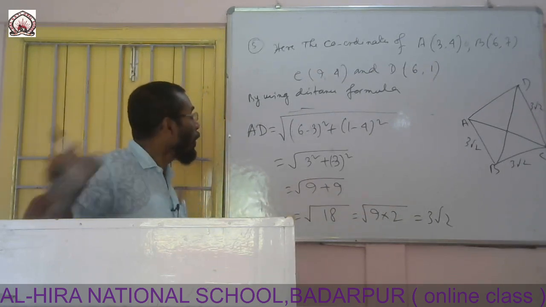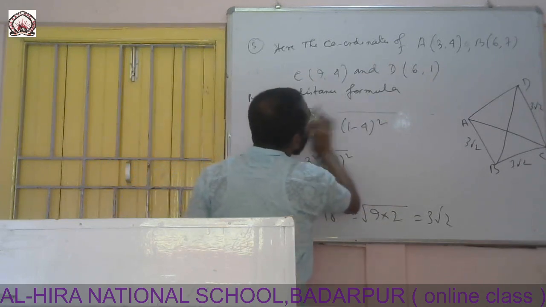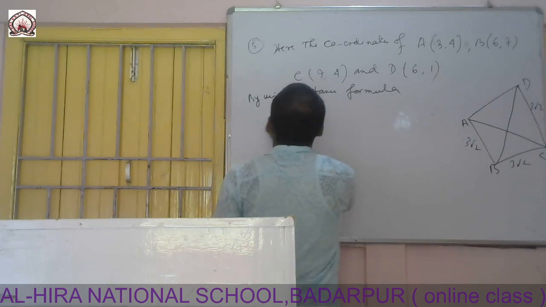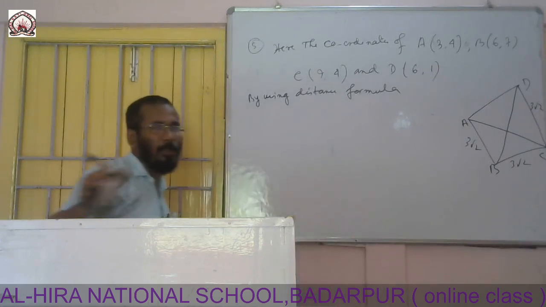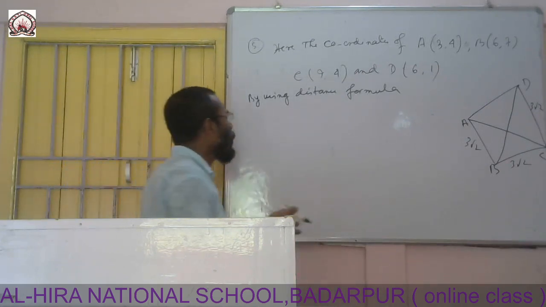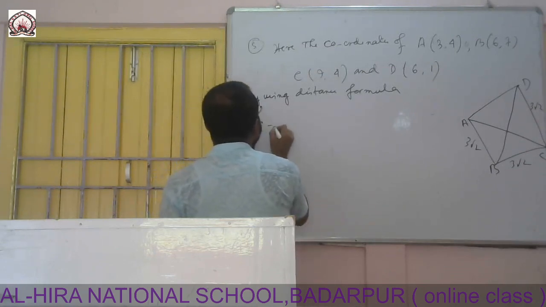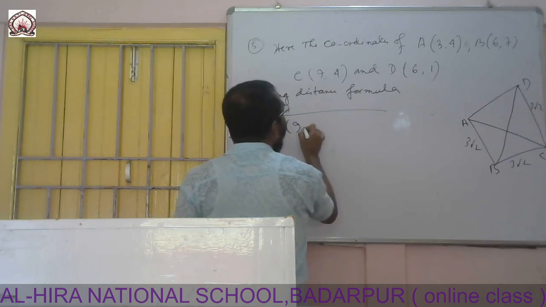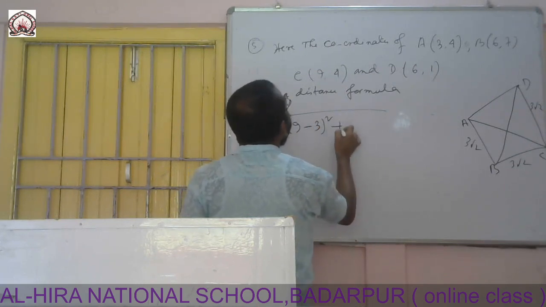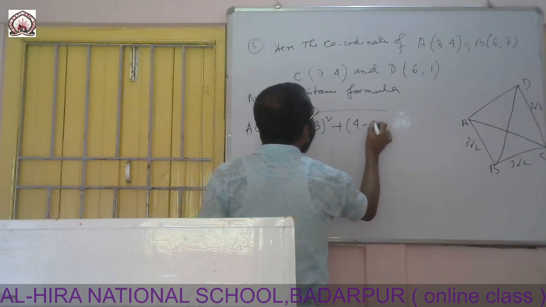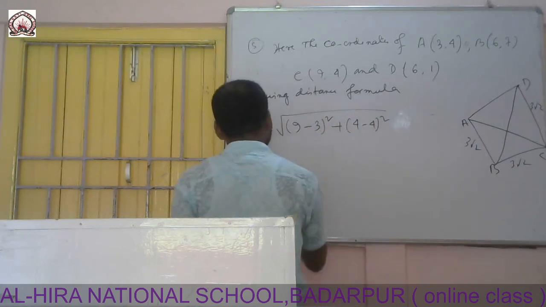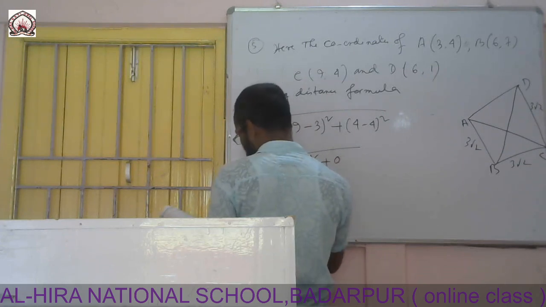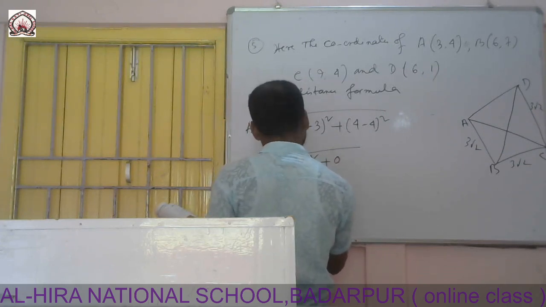All the sides we found equal. Now the diagonal portion: AC will be square root of 9 minus 3 whole square plus 4 minus 4 whole square. So 9 minus 3 whole square is 6 square, 4 minus 4 is 0, so we are getting 6.